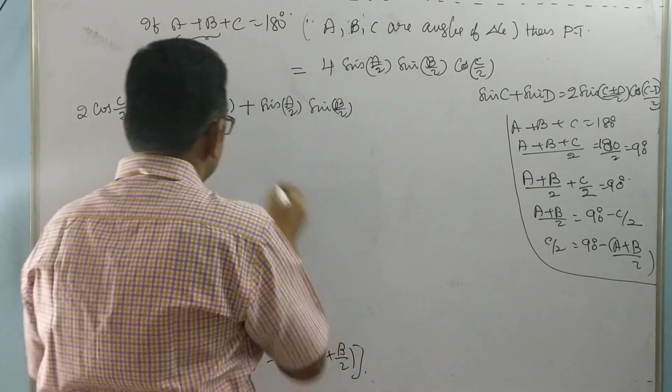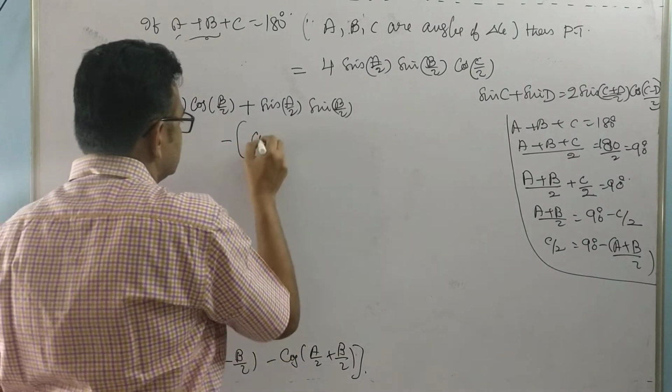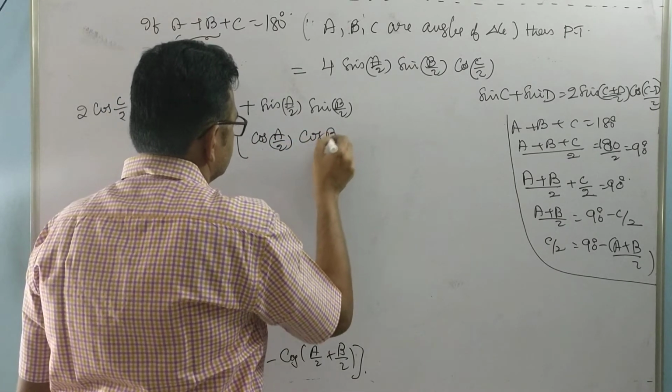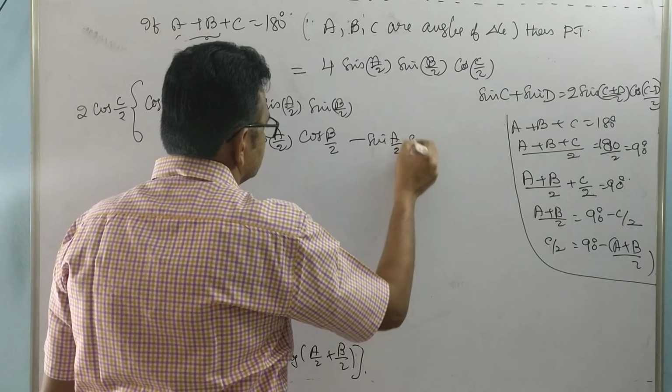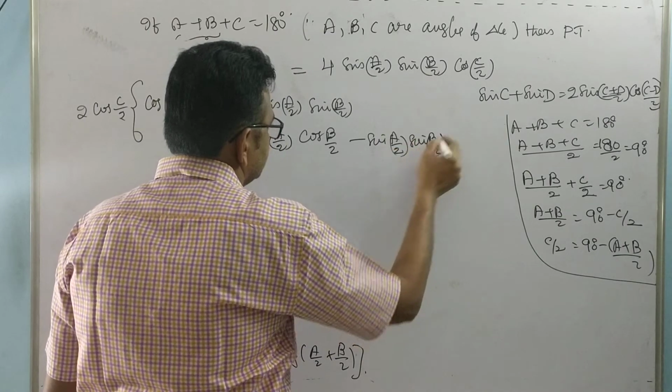Next, minus, put a bracket: cos A by 2 into cos B by 2 minus sin A by 2 into sin B by 2.